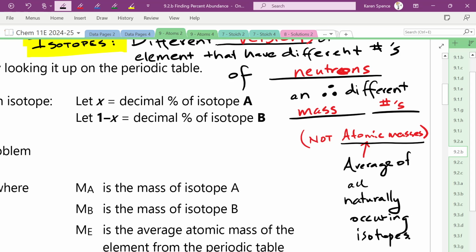Yes, so the number on the periodic table is not the mass number. The number on the periodic table is the average of all the mass numbers.